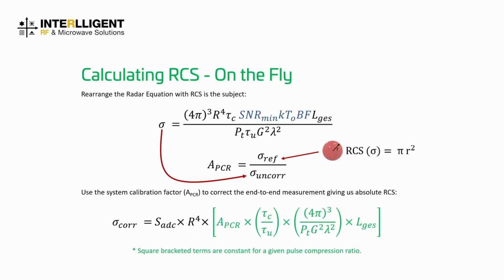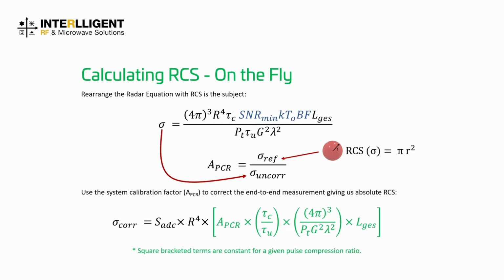So using our radar range equation, we can refactor it to get RCS as the subject of the equation. And that's what we've done here. If we then do some further rearranging, we can get an equation which we see at the bottom there, which gives us corrected RCS based on the received packets, the range, and everything that's in the green brackets.